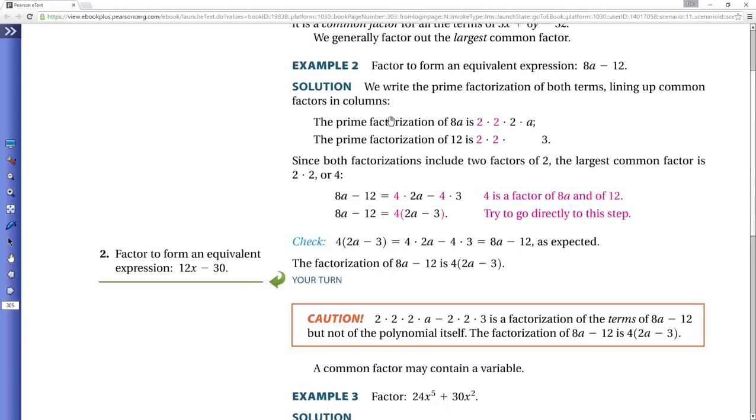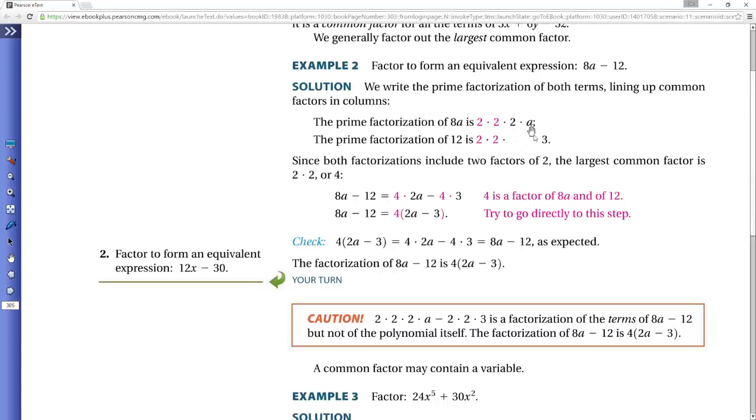There's one unique prime factorization that will multiply to a given term. So in this case, 8a is really 2 times 2 times 2 times a. Now is a prime? There's actually just 2 factors of a, 1 times a.